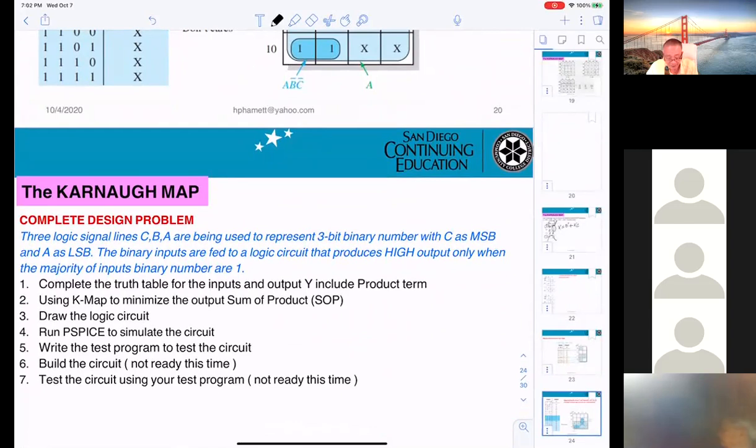For example, they say 3 logic signal lines, C, B, A, are being used to represent a 3-bit binary number. C is the most significant bit and A is the least. The binary inputs are fed to a logic circuit that produces a high output only when the majority of the input binary numbers are 1. So this is the process of how to do it.